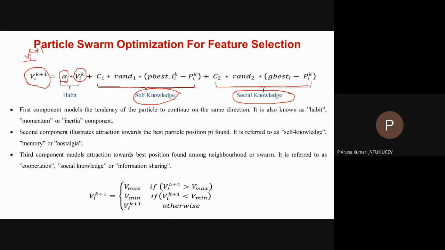And the third is the best solution identified among all other particles, all other birds. Based on this global one, you try to change your velocity and the particle direction.